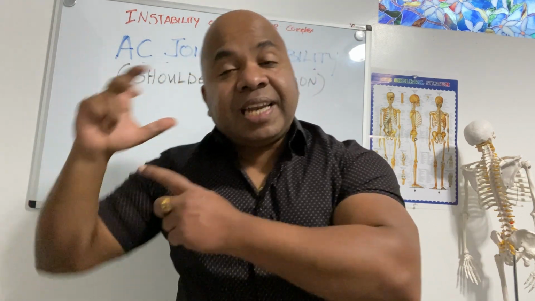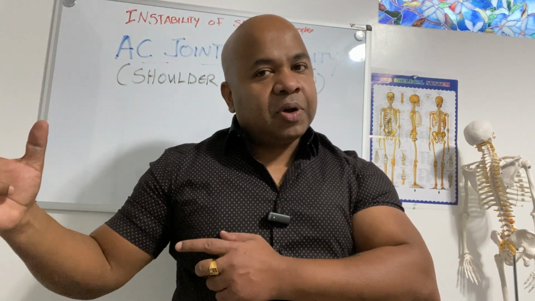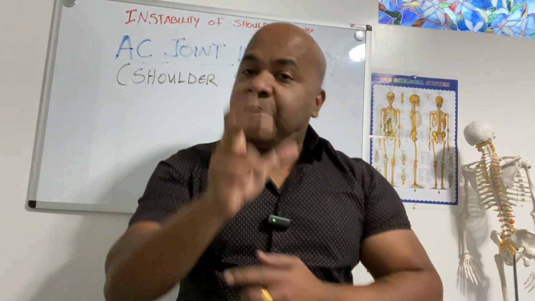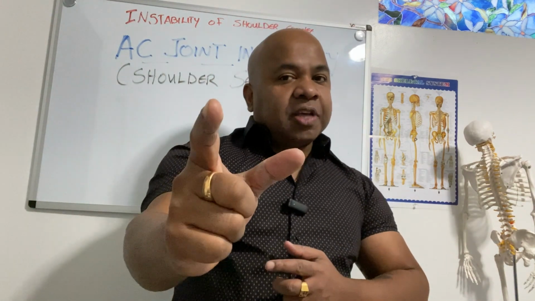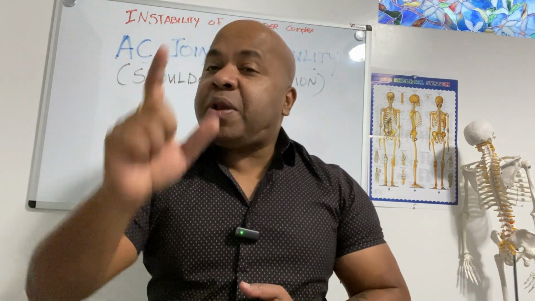When you think about the internal and external rotation at the glenohumeral joint, this is the movement of the humerus in relation to the scapula. Whereas the upward or downward motion of the scapula in relation to the thorax is considered a scapulothoracic movement. So when I think about the AC joint movement, always keep in mind that it is the movement of the scapula in relation to the clavicle.